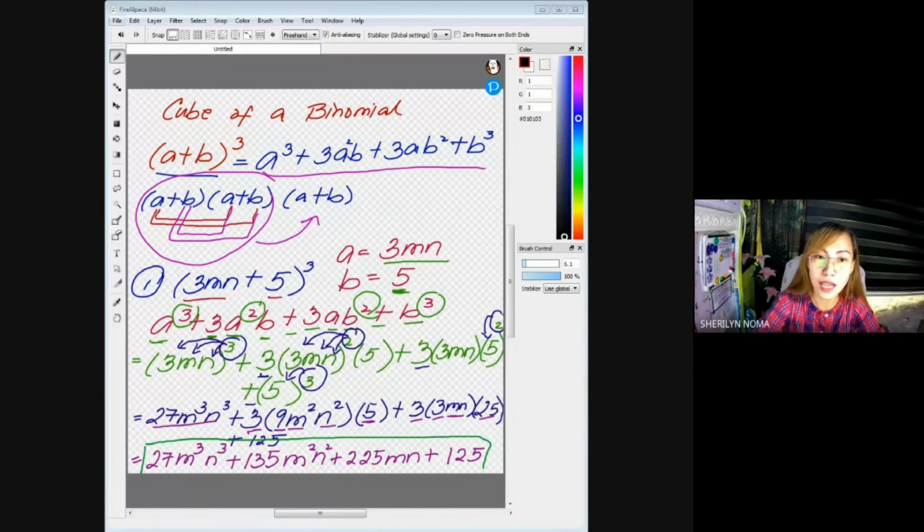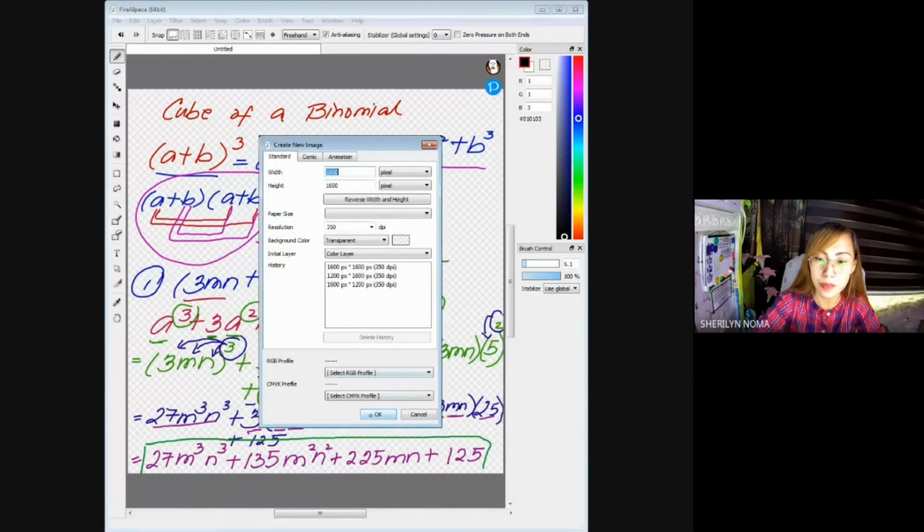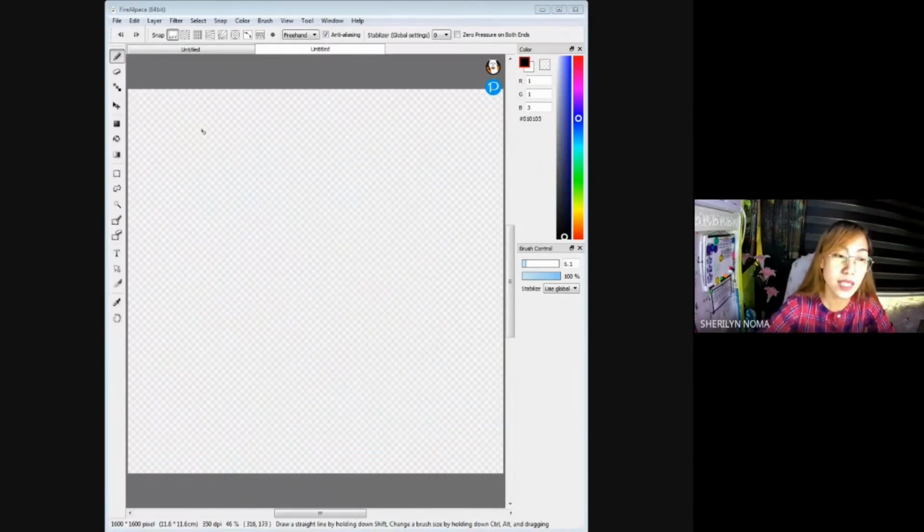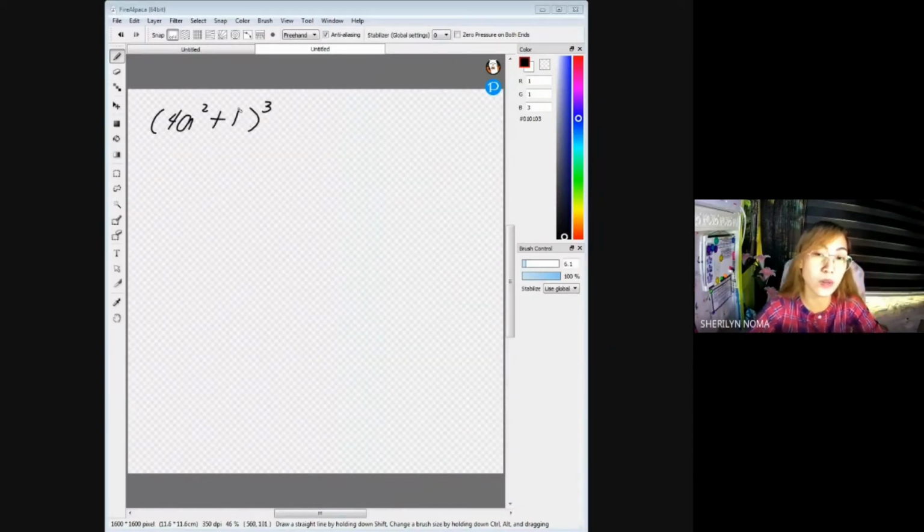So, let us have the second example. Okay. So, again, this is the same, the cube of a binomial. So, let us have 4a squared plus 1, cubed. Again, this is the cube of a binomial, so 2 terms and then raised to 3.